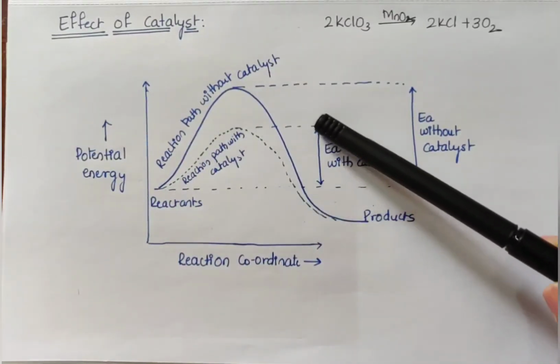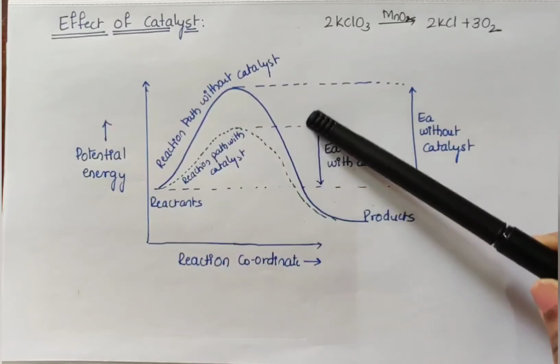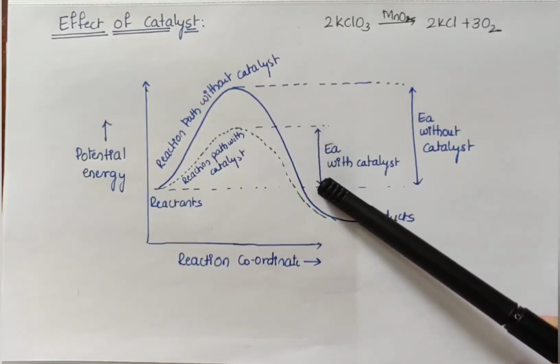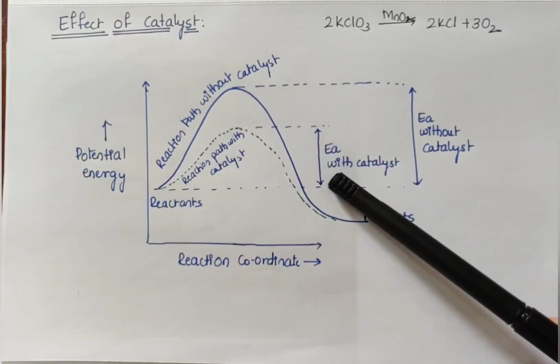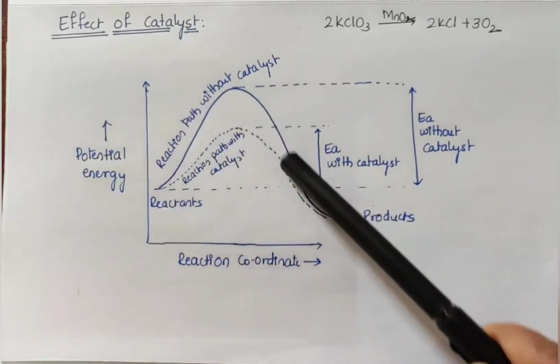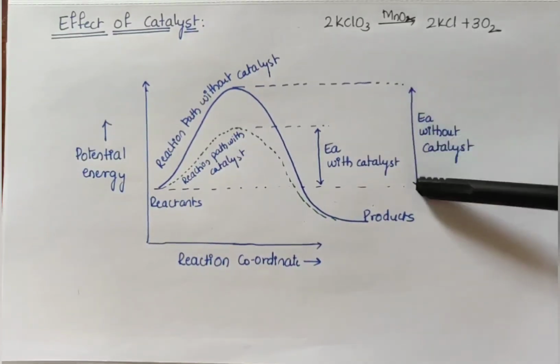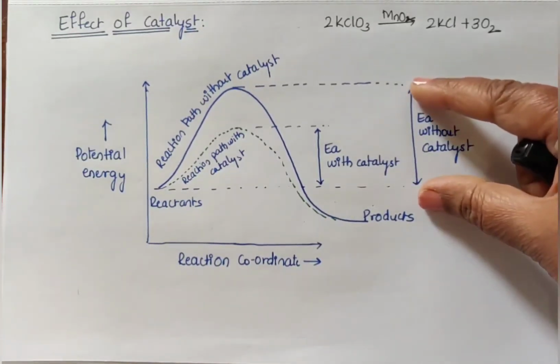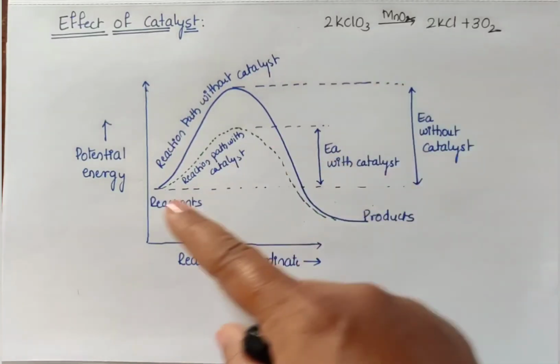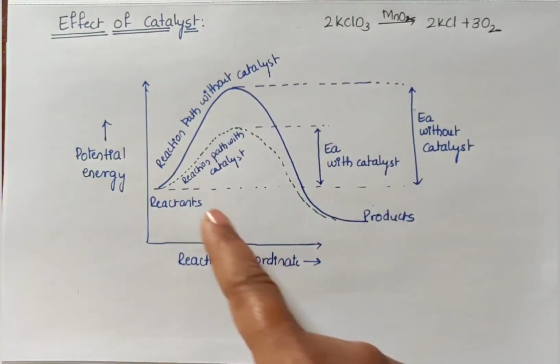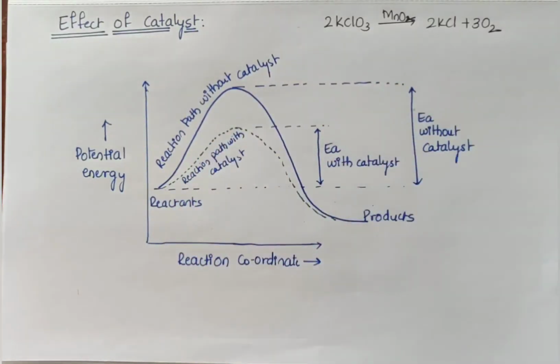So here you can see the path followed with the help of the catalyst has lower activation energy, whereas this path of the reaction carried out without the catalyst has higher activation energy. So with higher activation energy, the reaction is less fast. Now when I make use of the catalyst, the activation energy for that reaction decreases, and more reactants get converted to products.